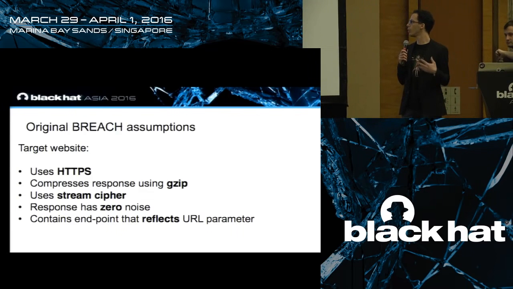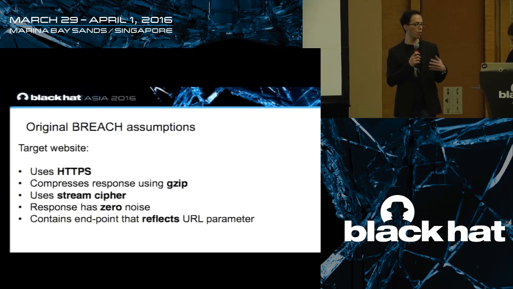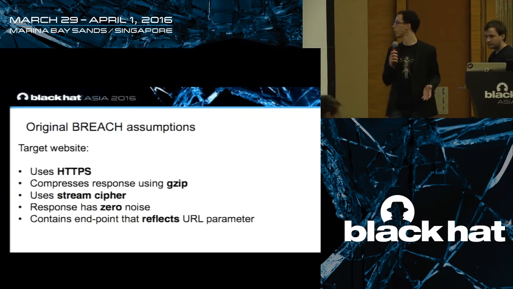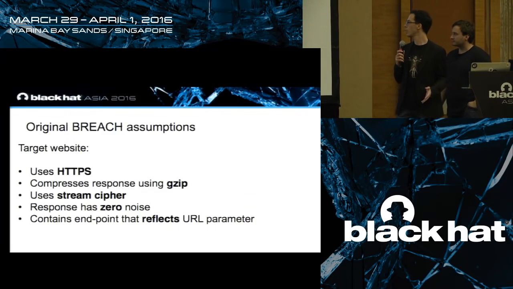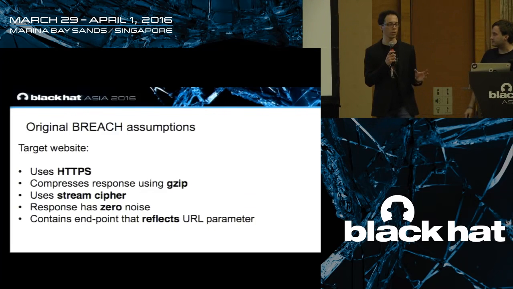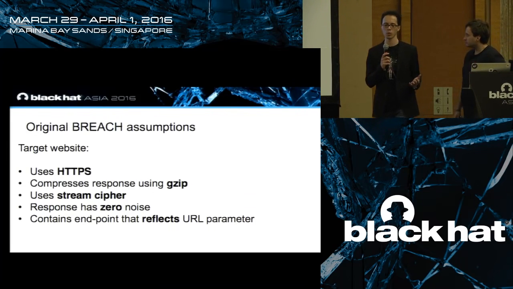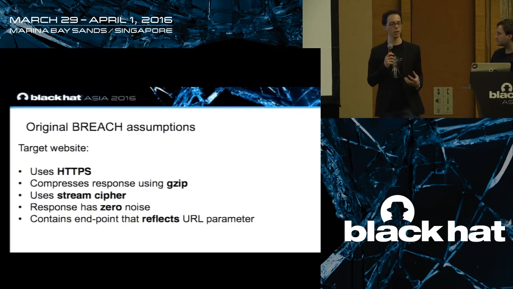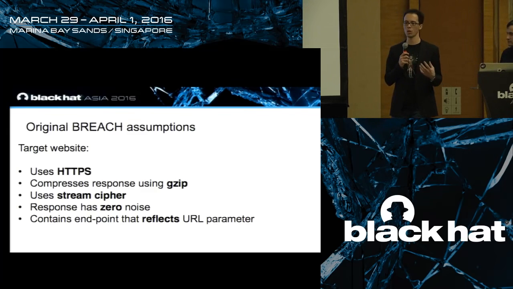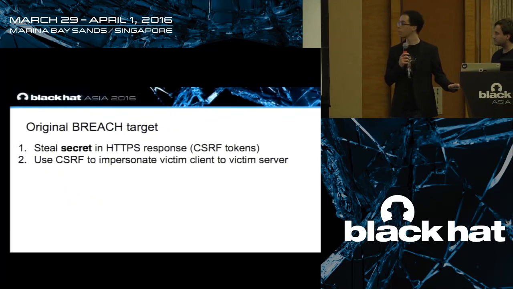And although the original BREACH actually attacked websites that used stream ciphers, we will relax this one also to block ciphers. Finally, the response should have zero noise, and most importantly, it should contain a parameter that is actually reflected inside the response. That is, the attacker should be able to inject some plain text of his own into the URL, into the response.